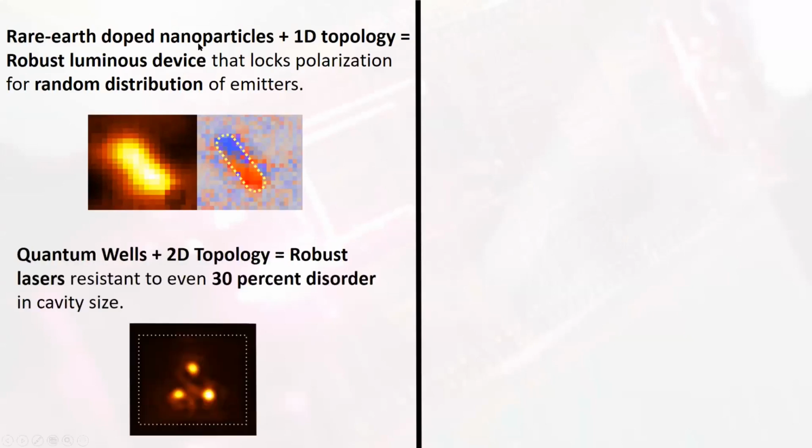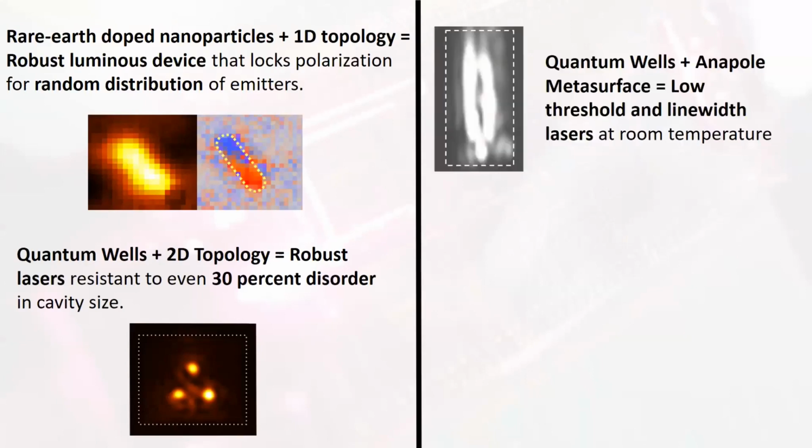And in conclusion, I would say that rare-earth doped nanoparticles combined with topology gave us a robust luminous device which could lock the polarization of a random distribution of emitters. Quantum wells combined with 2D topology gave us robust lasers resistant to even 30% disorder in cavity size.